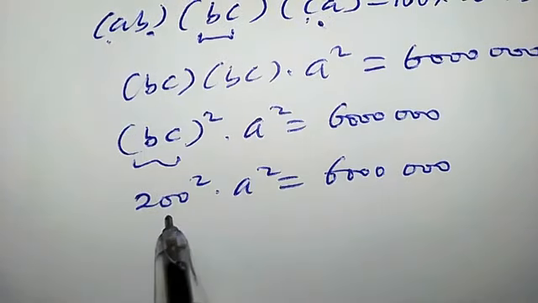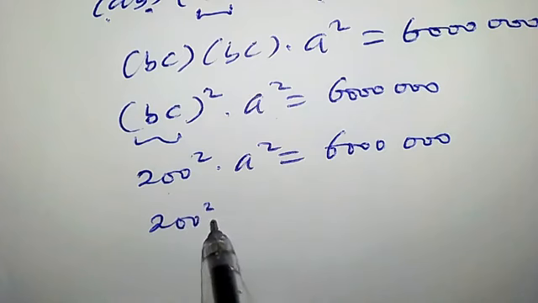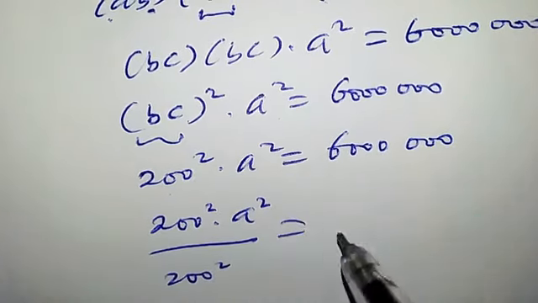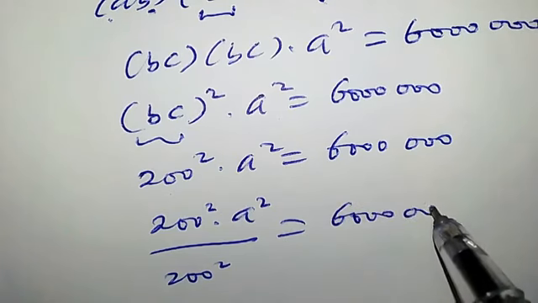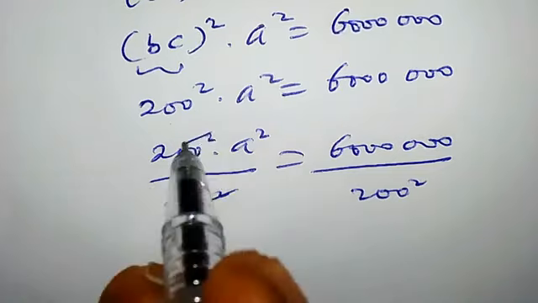We can now divide both sides of this equation by 200 square. So we're going to have 200 square times A square over 200 square equal to 6 million over 200 square. Clearly, this cancels out.